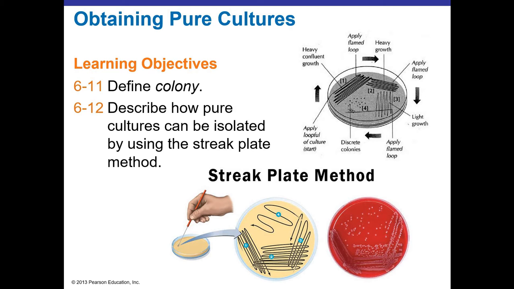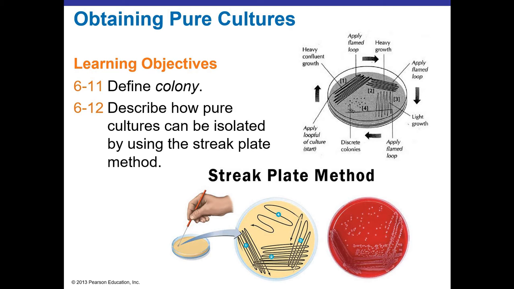So how do we get to that pure culture? Well, you're going to have a large number of bacteria in whatever sample you're starting with. So if you start to streak this out on a plate, the first point where you apply is going to be a loop full of bacteria, but that's going to have millions of cells. So you're going to get heavy confluent growth.